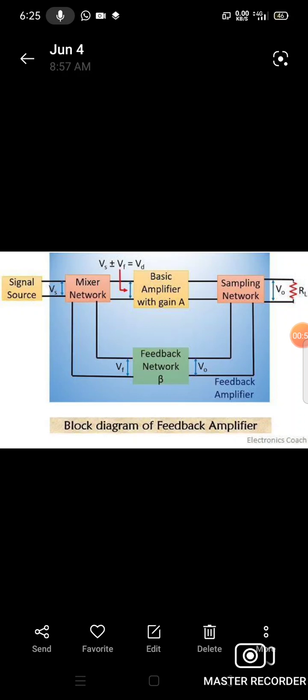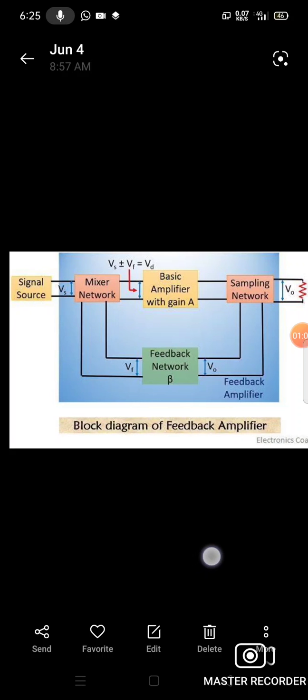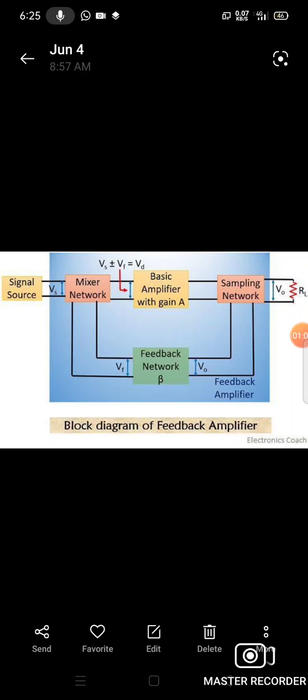So the signal source output is Vs, and the mixer network has two inputs. One is Vs and one more is the feedback network output, that is Vf. The mixer output is denoted by Vd, the difference voltage, equal to Vs plus or minus Vf.